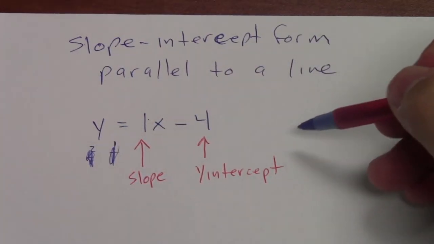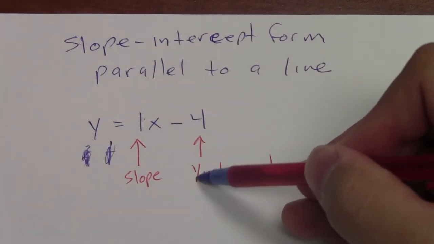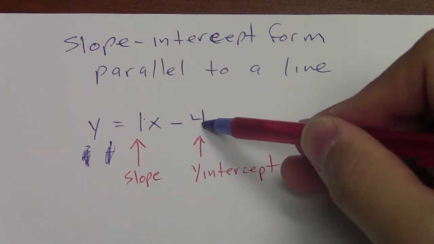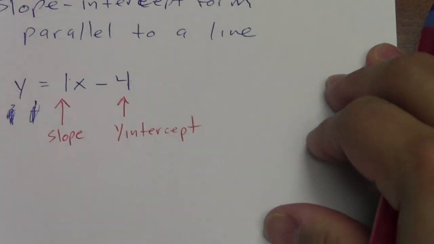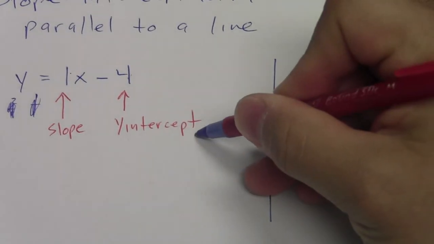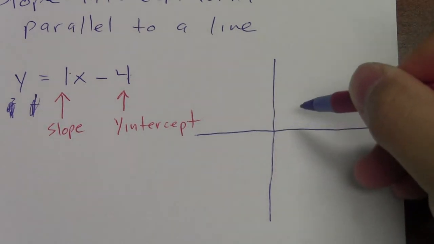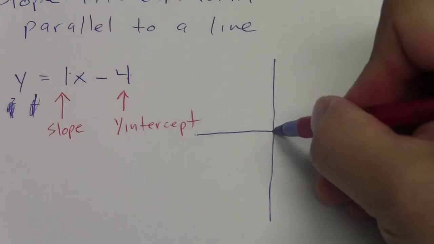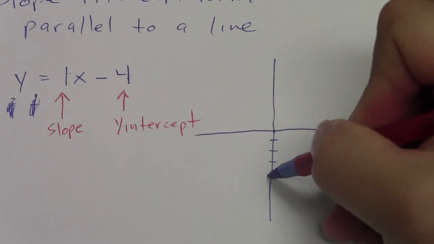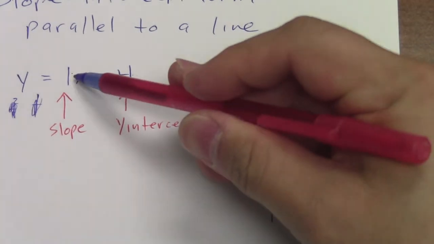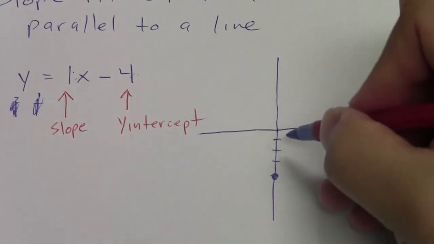All right. So we know where the y-intercept is, so we could really just plot this and then go from there. So let's just do it nice, because that way you don't have to do any math. In this case, I'm going to go -4 down. So 1, 2, 3, 4. There's my y-intercept, -4, and I have a slope of 1.